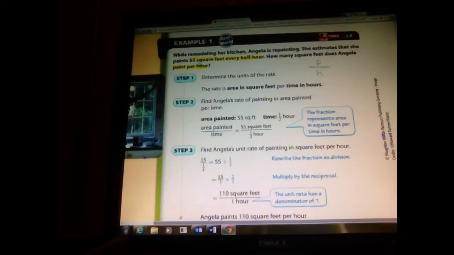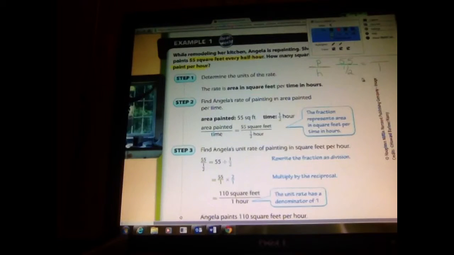So what I was given was 55 square feet of paint. So 55 goes on top. And I can do it in half an hour. Now this is a complex fraction because it has a fraction as a denominator. I want to know how much she can do in 1 hour.